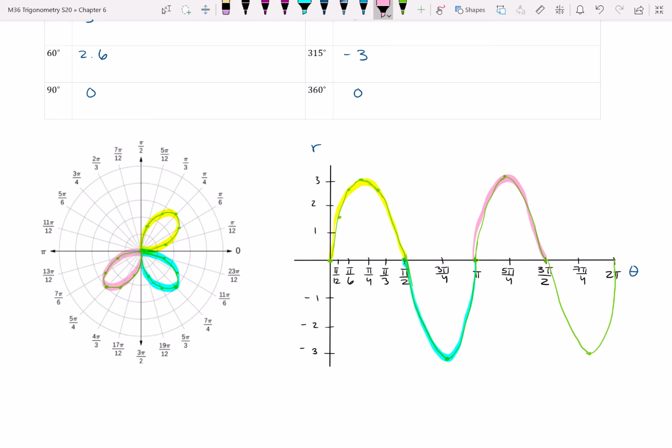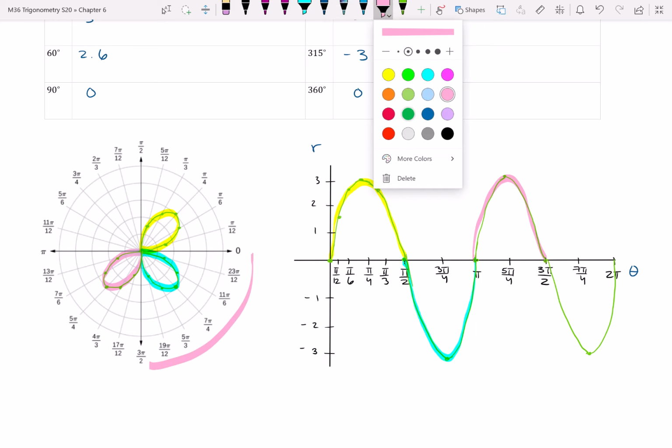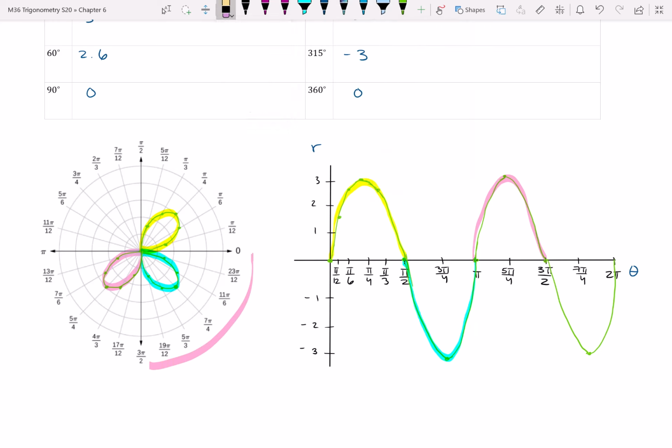Now my angles are between 3 pi over 2 and 2 pi, but again my r's are negative, so that means we're going to be reflected, so we're going to be working in the second quadrant.